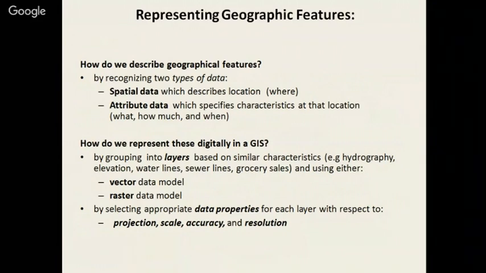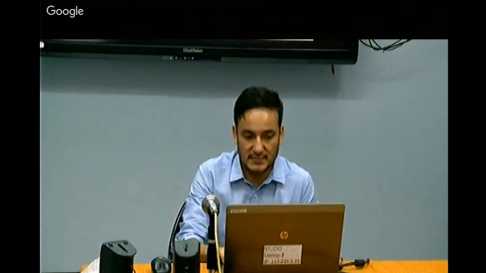It does it in layers, with every geographical characteristic having its own layer, like hydrography and elevation. We divide the real world into various layers of information, and it is stored in those layers. That gives us one benefit: dealing with each characteristic of the real world separately.